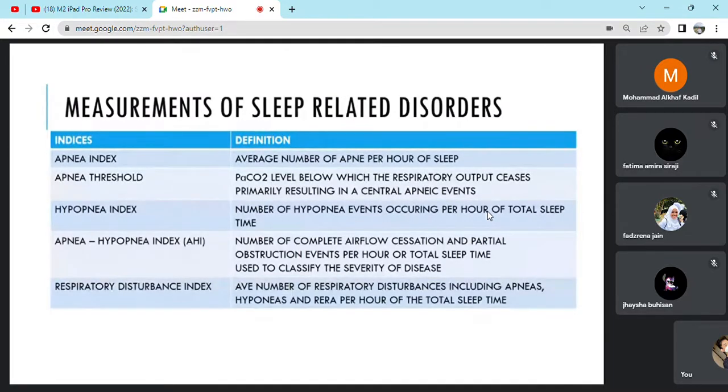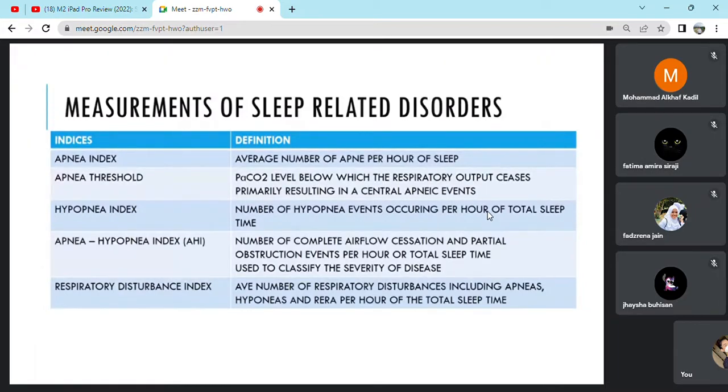When you talk about apnea threshold, usually it is defined by a PaCO2 level below which the respiratory output ceases primarily, resulting in central apneic events. Okay? And then when you talk about your hypopnea index, that naman is the number of hypopnea events that has been recorded per hour of your total sleep time.